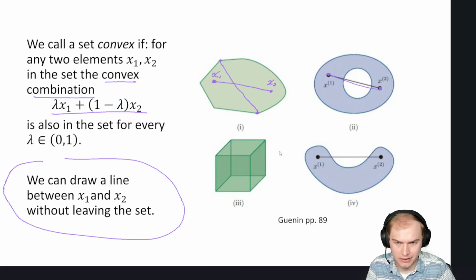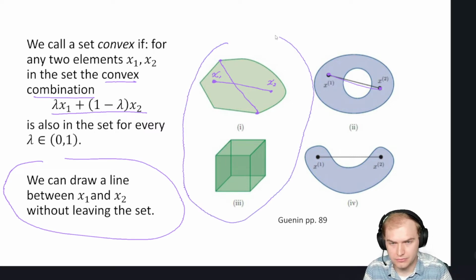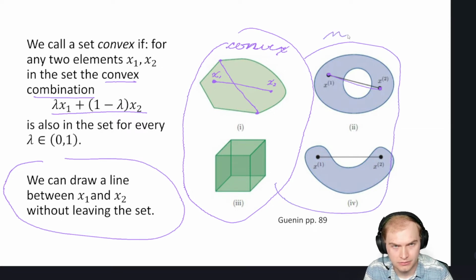Think about it in your brain. Think about drawing lines between any 2 points in that, and you'll quickly see that you probably can't leave the set with that kind of technique. So these 2 are convex, and these 2 are non-convex.